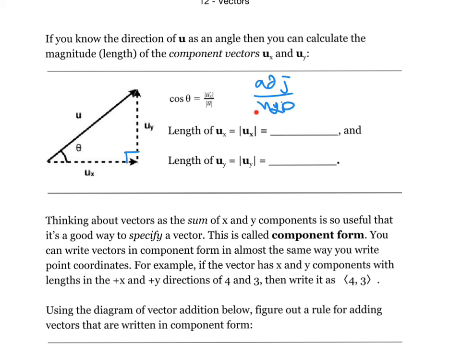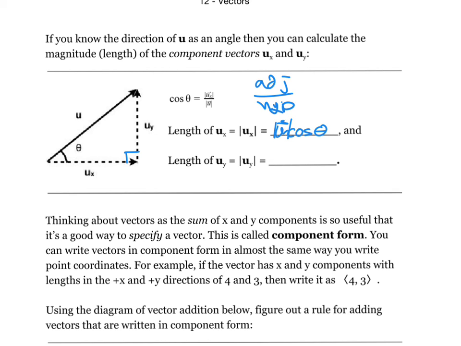And the hypotenuse on this triangle is vector u, or more properly, the length or magnitude of vector u. So the cosine of that angle is equal to the magnitude of vector ux divided by the magnitude of vector u. Now, if we want to figure out the length of this component ux, we can just do simple algebra on that equation and find that the magnitude of ux is going to be equal to the magnitude of vector u times the cosine of theta.